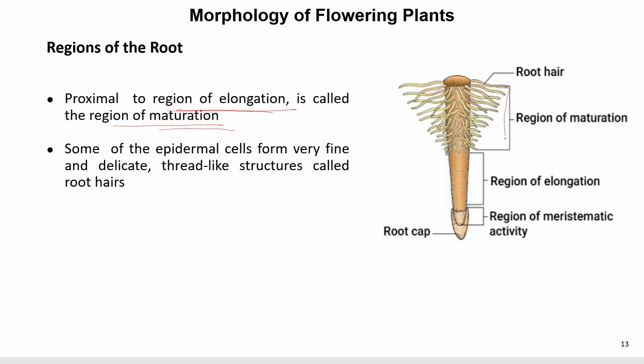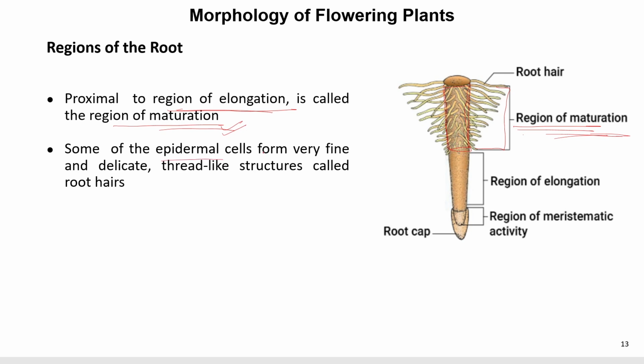When these cells get elongated, they undergo maturation and give rise to lots of root hairs.